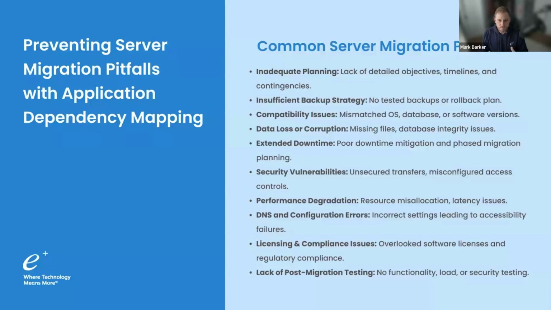As we're going through this, first and foremost, the biggest common pitfall that we see is, as you can imagine, inadequate planning. And a lot of times this is beyond your control. A higher level of management comes to you and says, hey, we need to be out of our data center into the cloud, into another solution by X date.